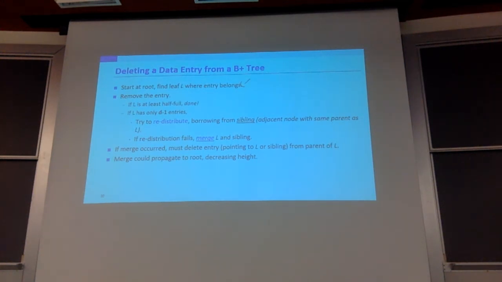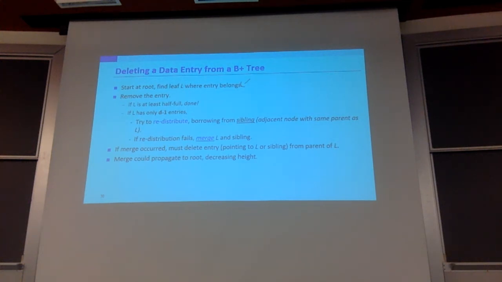It's a little different from insertion because if the key is there, you can always remove it. You cannot end up with it being full so that you cannot remove the key. But what can happen is that once you remove the entry, it becomes less than half occupied.